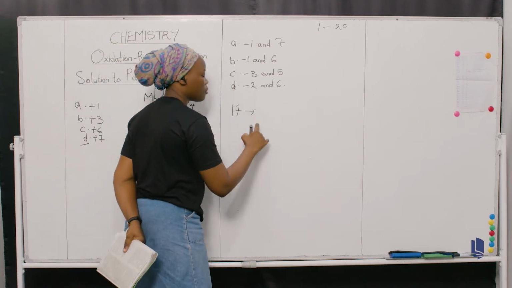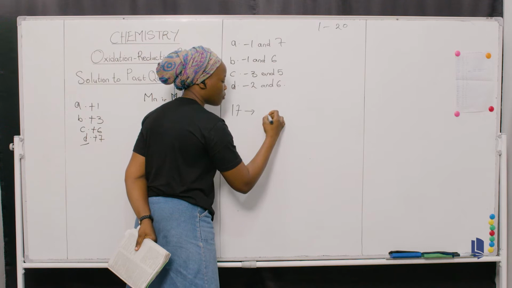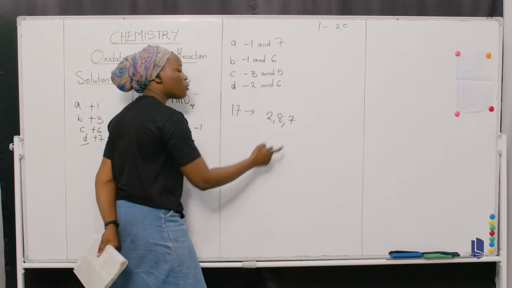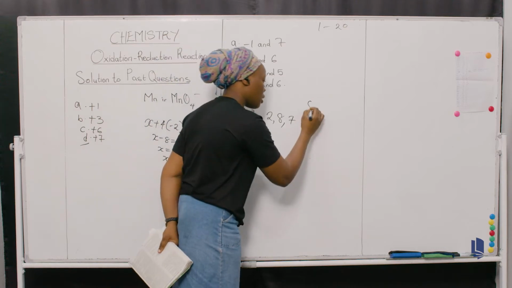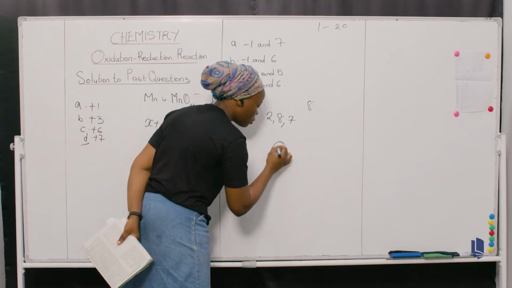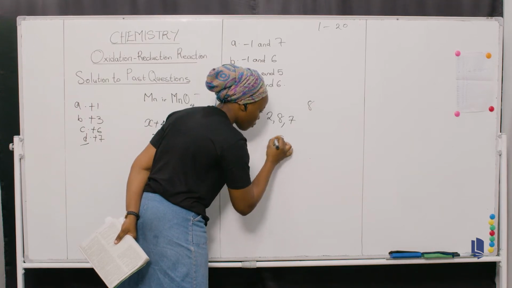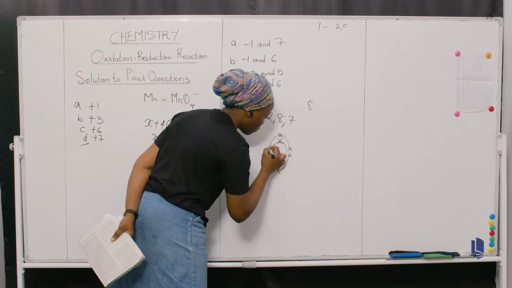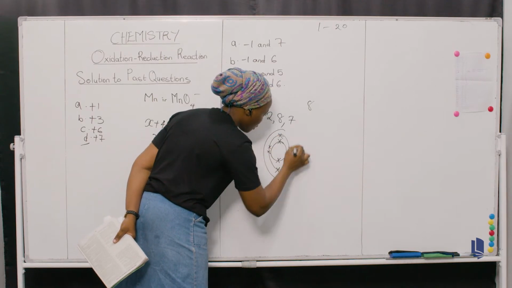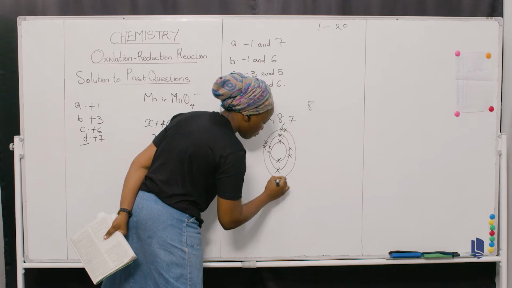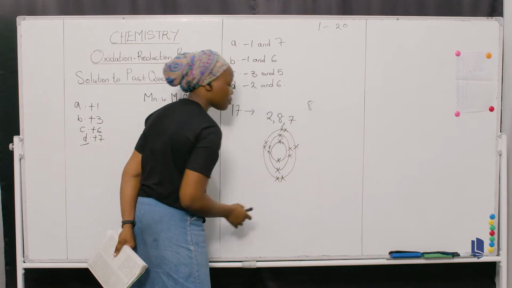The first shell will take 2, the next 8, the last 7. Don't forget, the octet configuration is 8. So this shell has 1, 2, 3, 4, 5, 6, and then 7 electrons.